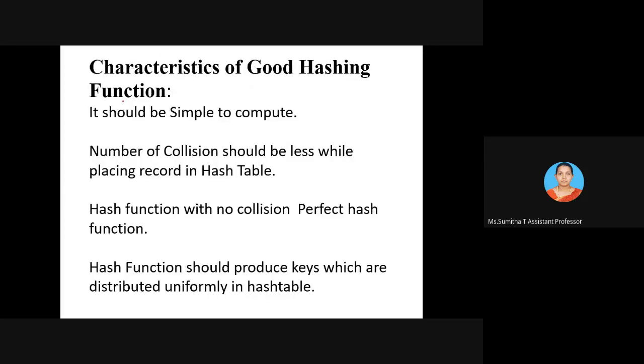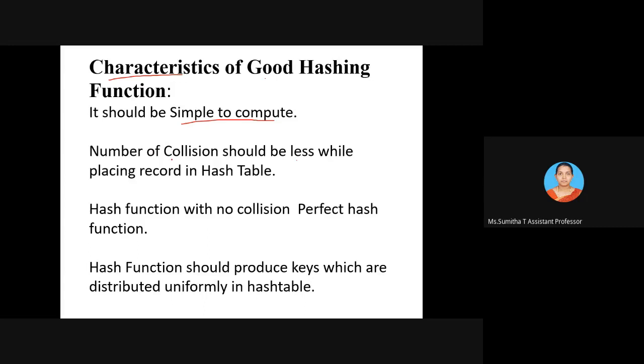Before that, we need to know about hashing. Characteristics of a good hash function: a hash function is said to be good when it is simple to compute, and the number of collisions should be less while placing records in the hash table.